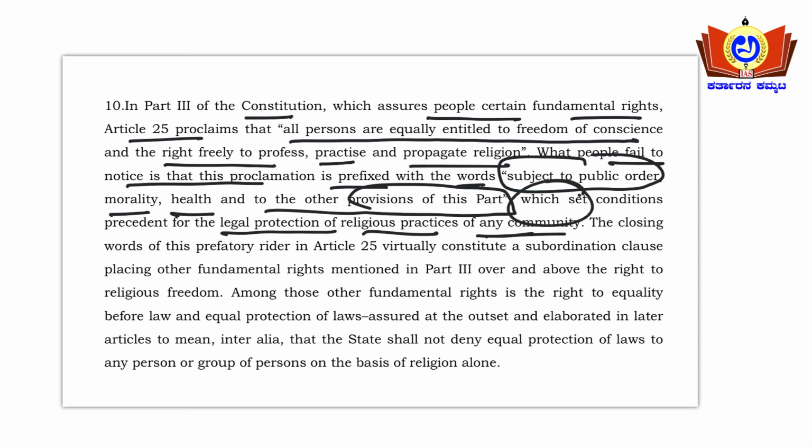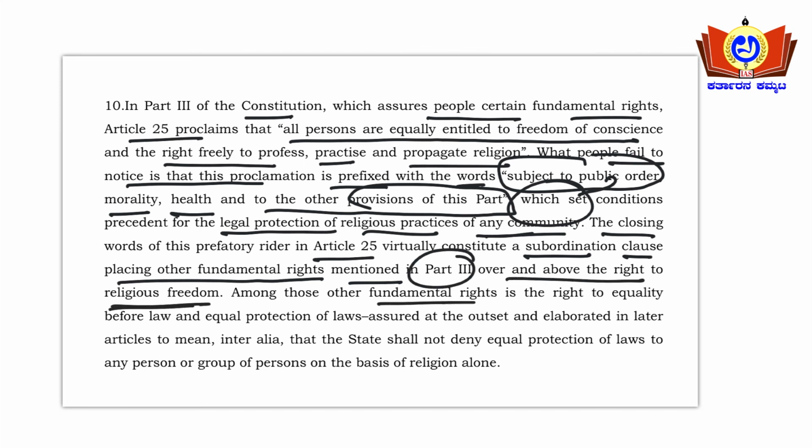So, which sets, this will be the important part here. Okay, the closing words of this prefatory rider in Article 25 virtually constitute a subordination clause, placing other fundamental rights mentioned in part 3 over and above the right to religious freedom.